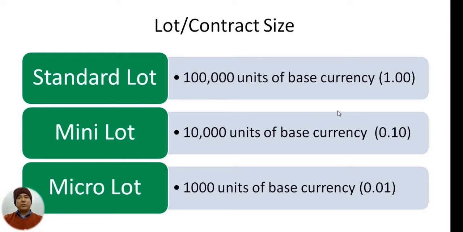When you go to MT4 or any trading platform, you will see this as the lot size. 1.00 means one standard lot. Then the mini lot is 10,000 units of base currency, 0.10. And the micro lot is the smallest lot in this currency market, which is 0.01.